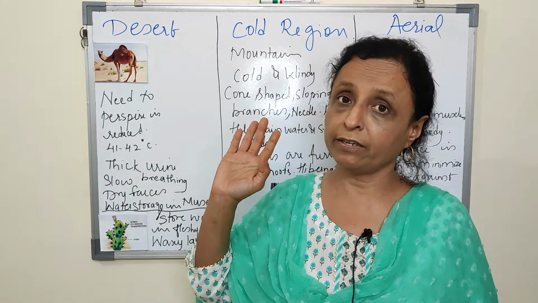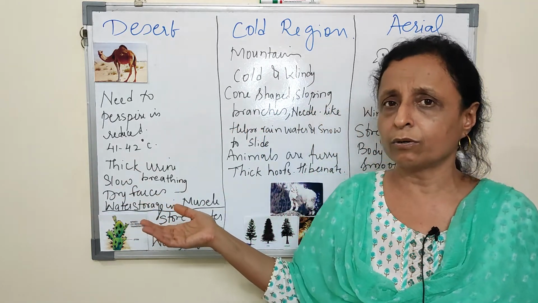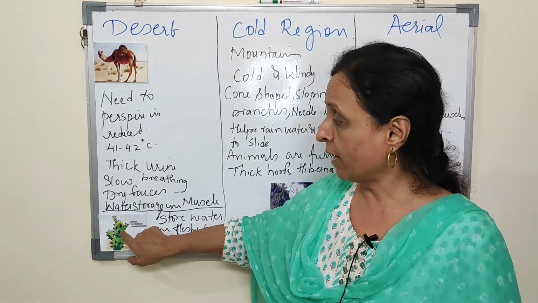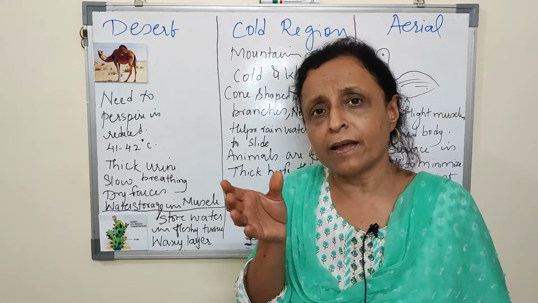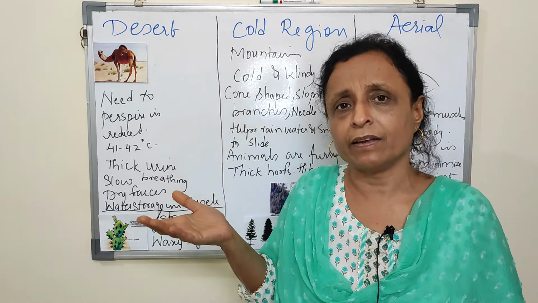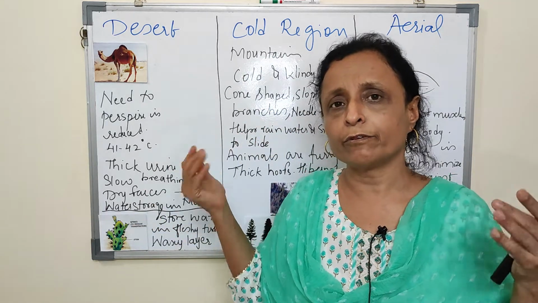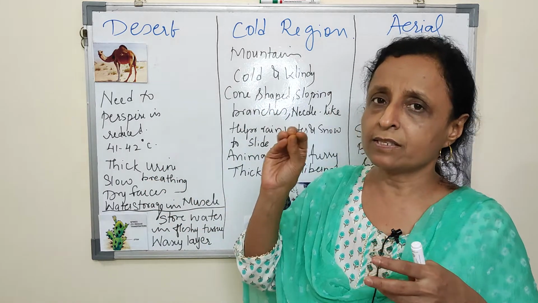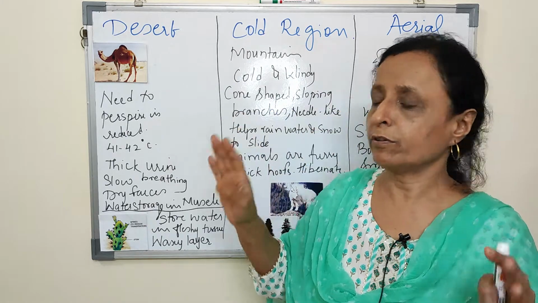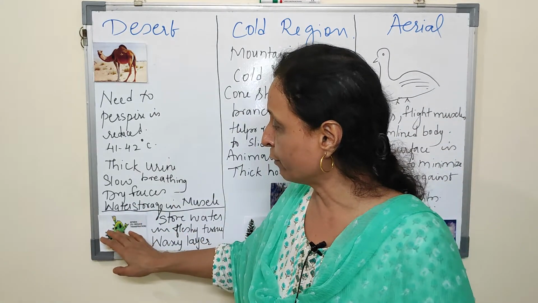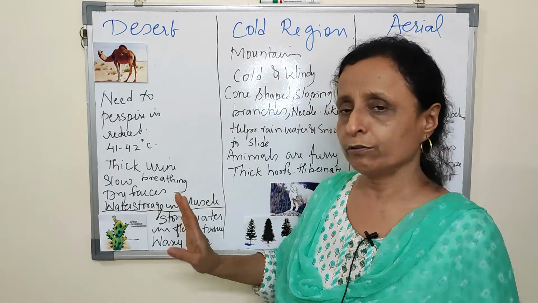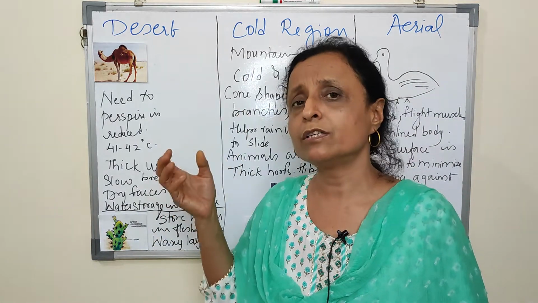The spines will not throw water out during perspiration, and they will store water. Their thick and succulent stem becomes green. So they will carry out photosynthesis from the stem, storing water. The leaves have become spines, so they are not going to throw out water. This is how they store water.